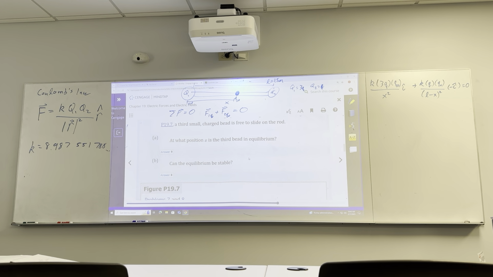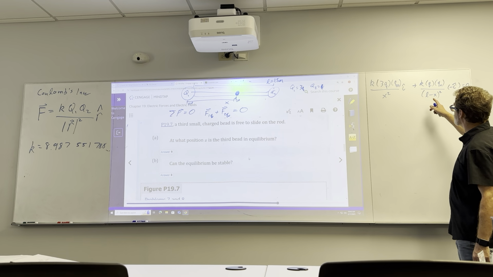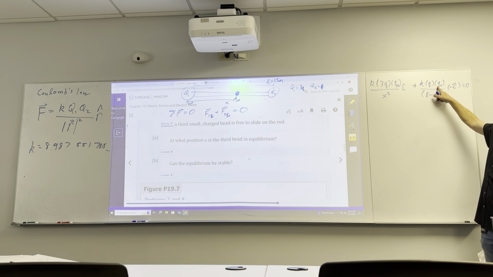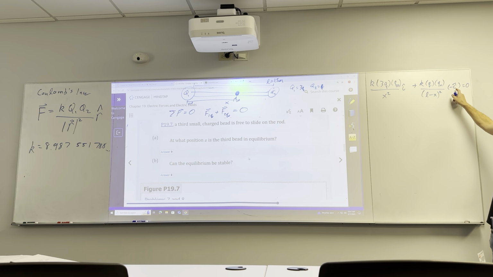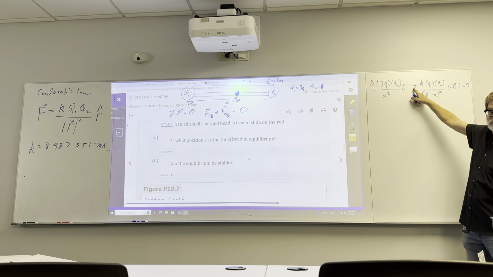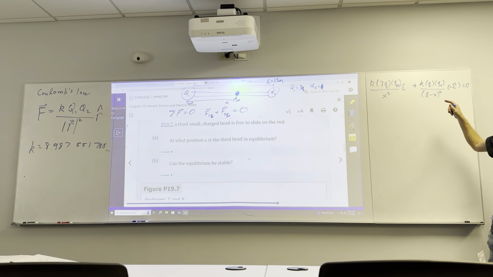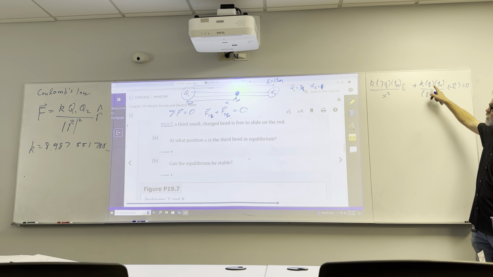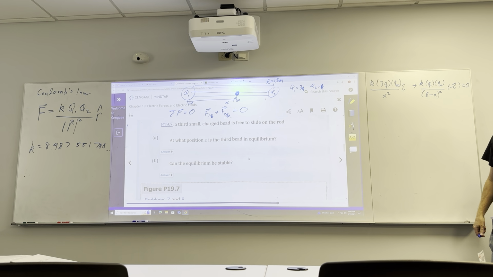Does it look like that? Except I would have a negative Q in the second half. Both these charges are positive, so I kept them positive, and I put the negative over here for the direction, because it's in the negative i direction. If you put it there, that's fine. Why do you have a negative Q? Because it's pushing like this. Yeah, that's what I have for my r hat.